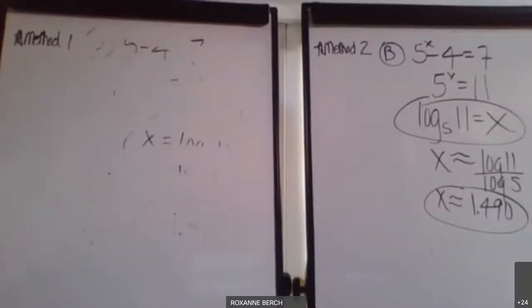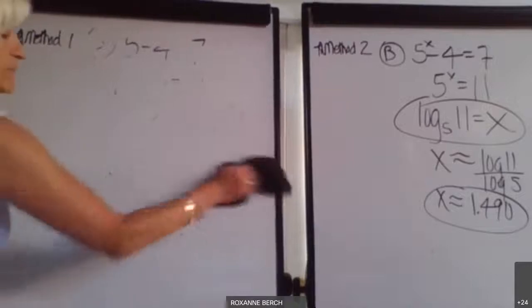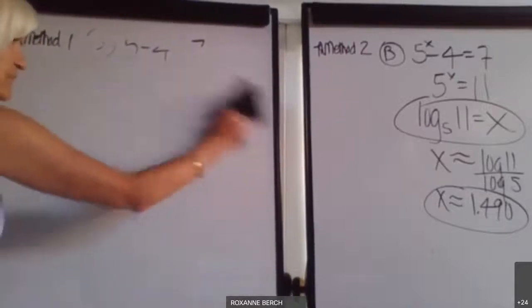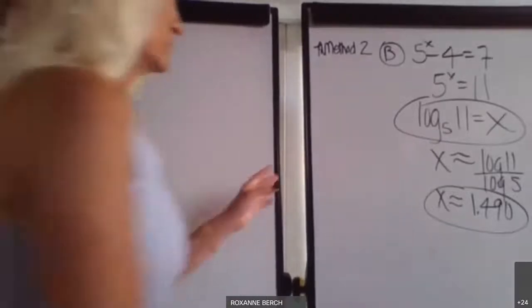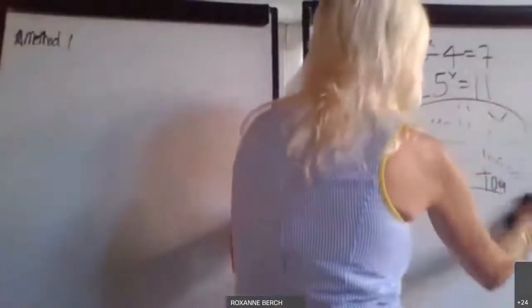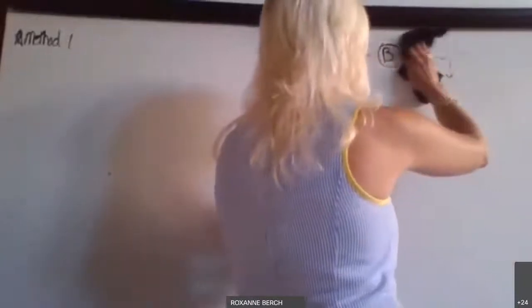So in one case, I'm taking a logarithm to both sides. In the other case, I'm taking exponential form and writing it in logarithmic form so that I can get the x down from there.